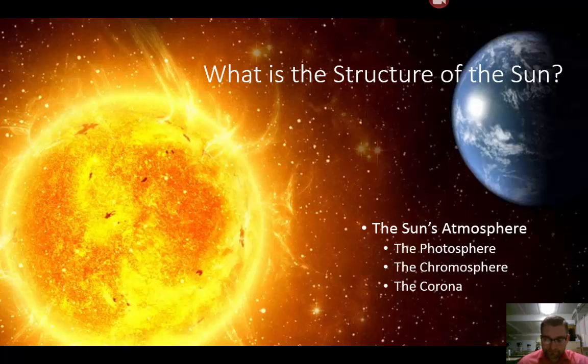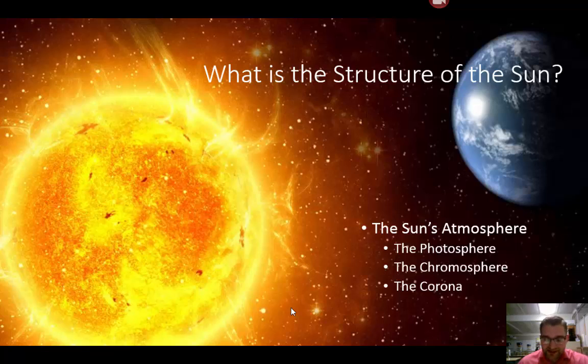Finally, the corona. During a total solar eclipse, an even fainter layer of the Sun becomes visible. As you can see in this picture, there is a faint layer of light surrounding the Sun. This outer layer, which looks like a white or yellow halo around the Sun, is called the corona, which means crown in Latin.